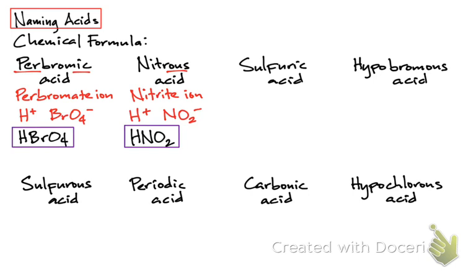Okay. Third one is sulfuric acid. So this ends in IC, and this is a polyatomic ion sulfate. Okay. So you have a sulfate ion, which is SO4 with a -2 charge. If you cross that with a hydrogen ion, it would be H2SO4.